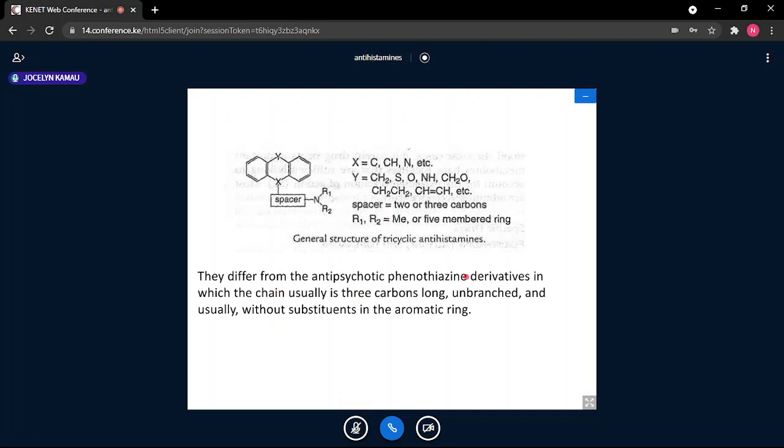So they differ from the antipsychotic phenothiazine, in which the chain usually is 3 carbon atoms. They are usually unbranched and do have a substituent mainly at position number 2. And you see, when you look at the antipsychotics, almost all of them have a substituent at that position. So that is a major difference between the antipsychotic and the antihistamine.